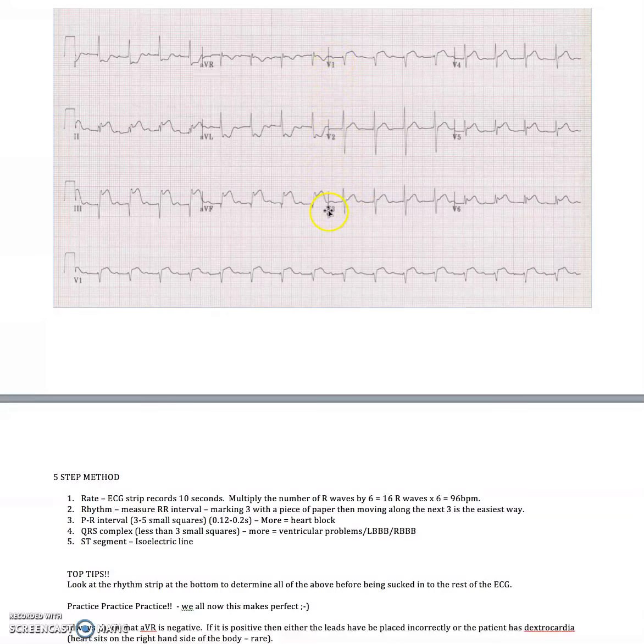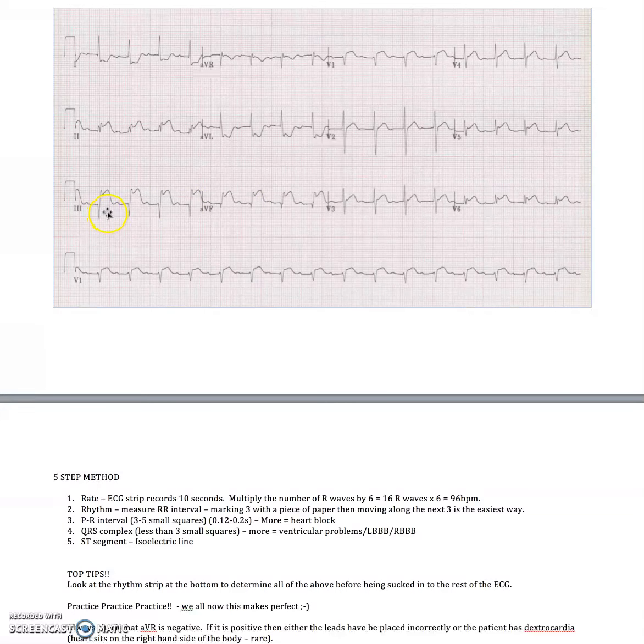Okay, so V1, V2, V3, V4, they're all grouped together, and that's the anterior aspect of your heart. So if you saw some ST elevation in these 3 leads, which is the inferior aspect of your heart, you would be having an inferior STEMI.